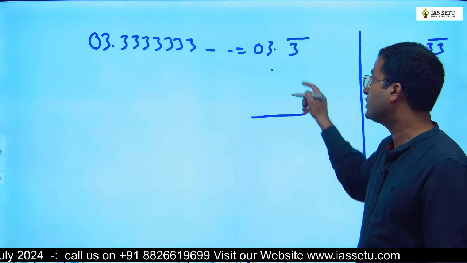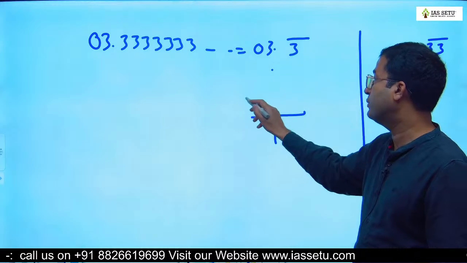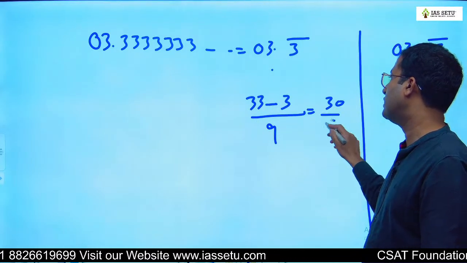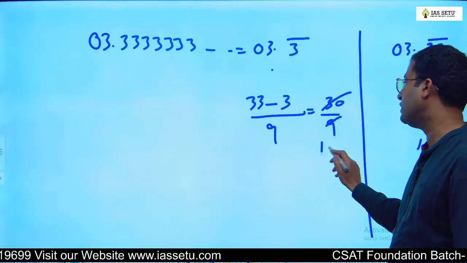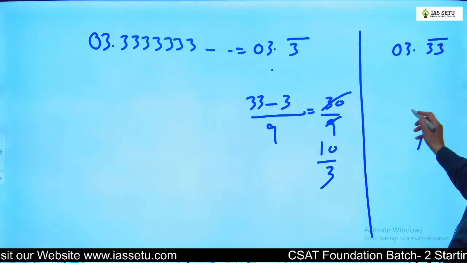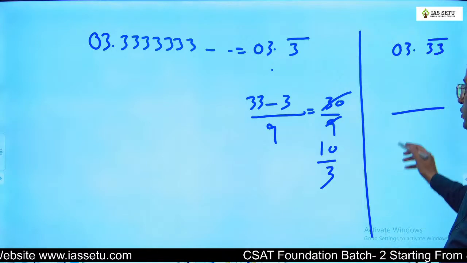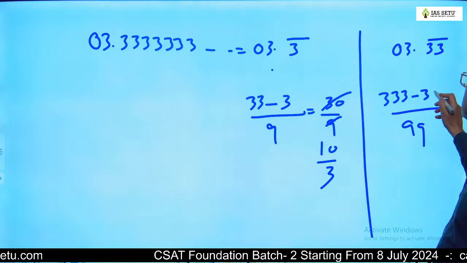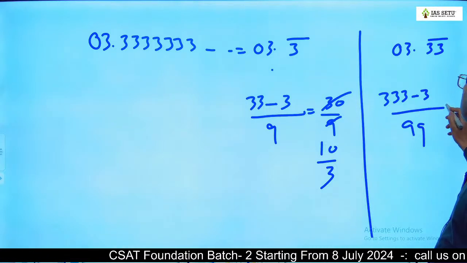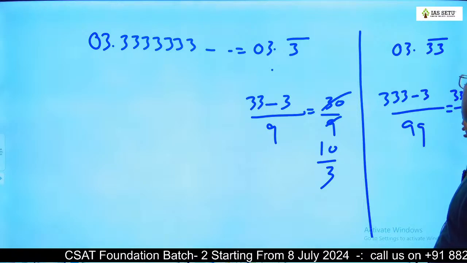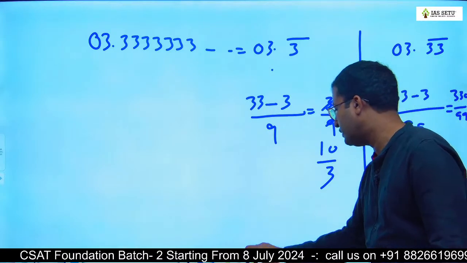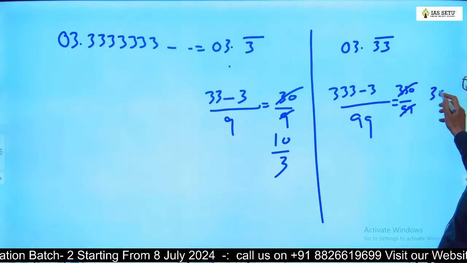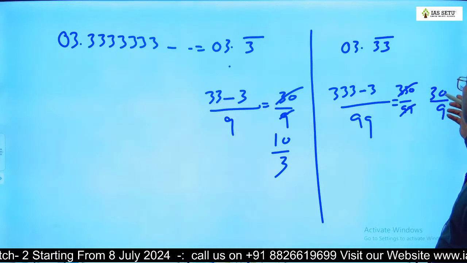How come? One digit in the bar gives 9, numerator is total number 3 minus 0, so 3 by 9, divided by 3, gives 1 by 3. Here, with 2 digits under the bar, it is 99. The numerator becomes 33 minus 3, 30 upon 99. This will be divided by 3, giving 10 upon 33.